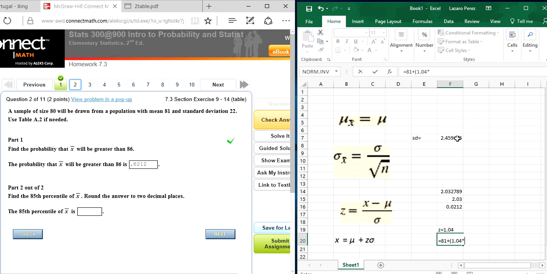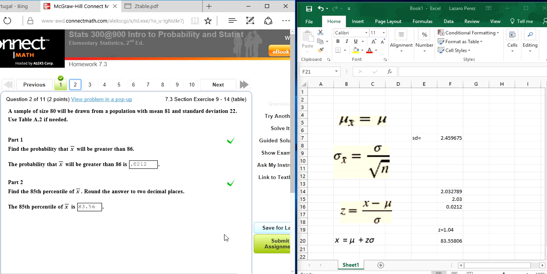All right, so that's our answer right there. Round the answer to 2 decimal places, so that will be 83.56. Perfect. Let's go ahead and do one more.